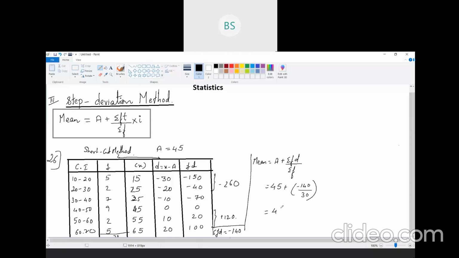So that will be 45 minus 4.67, so that will be 40.33. Understood? Any doubts?